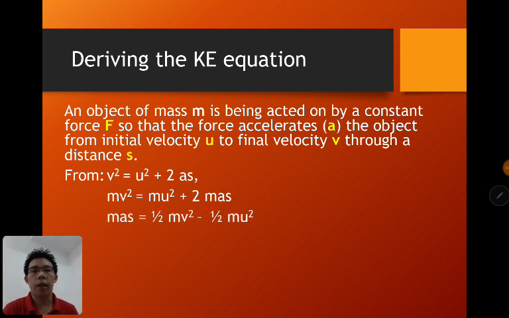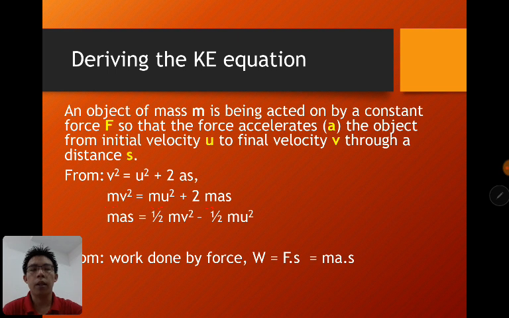Then we shift the mas to become the subject in front. mas equals half mv squared minus half mu squared. So you can see something already now, that the work done is F times displacement, force times displacement. Therefore the F there is a net force in this case, which is expanded into ma.